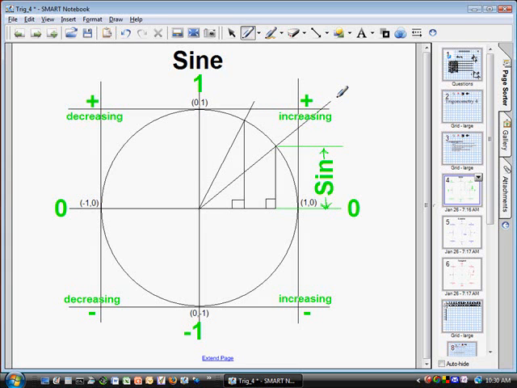I don't want you to memorize this chart. What I'd like you to get in your brain up here somewhere is this little video of this angle going like this. You can actually watch, in your mind, that leg grow from 0 up to 1, then down to 0, and in the negative range, down to -1. You know what I mean?